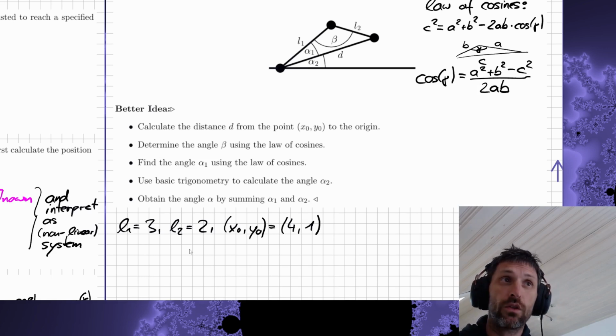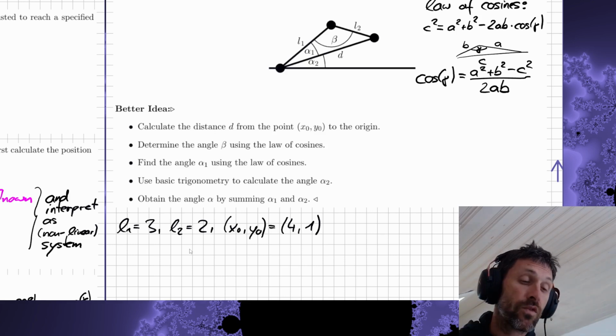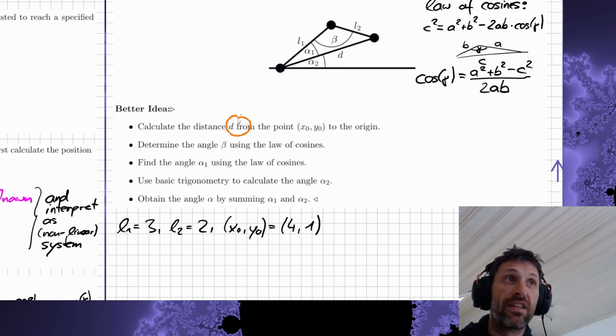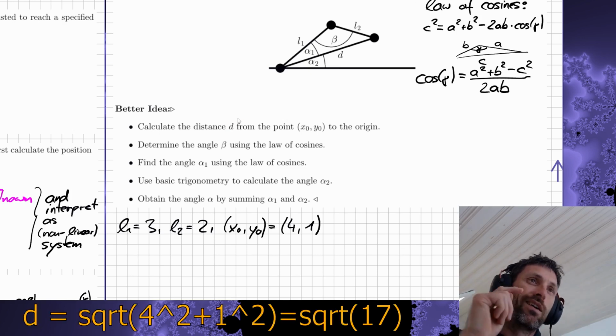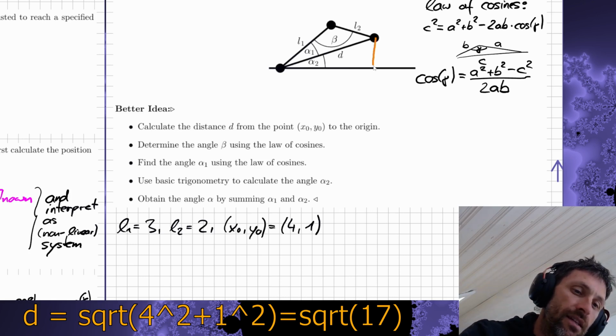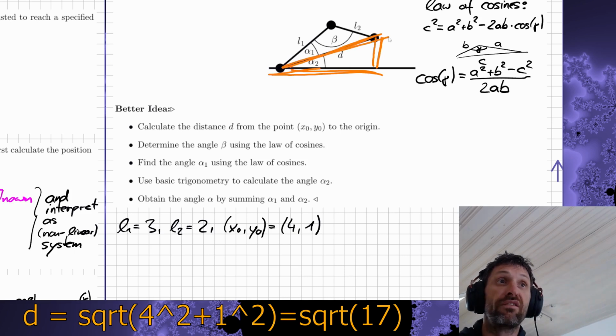So let's calculate D. Please stop the video and do the calculation. What is the first step? The first step is calculating D, and this is quite easy. Unfortunately, I forgot to write on the paper. This is length 4, this is length 1, and so this is length square root of 17.